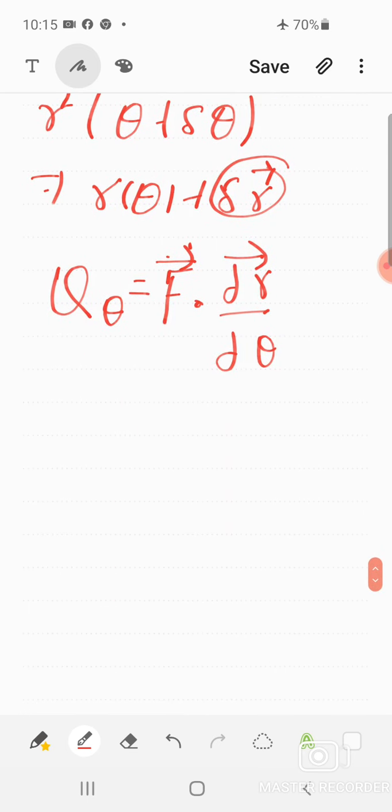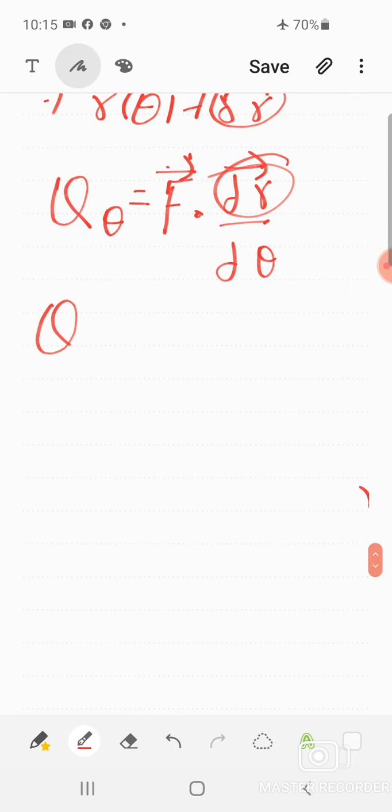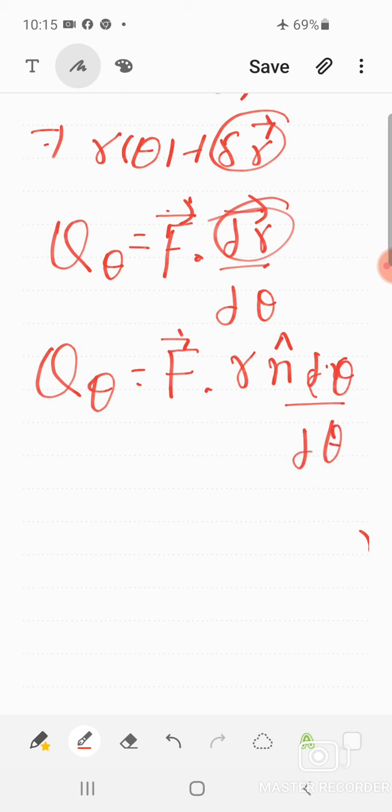So putting the value of this delta r from that relation, we will find that Q theta will be equal to F dot delta r upon delta theta, in the unit vector n, and this will simply be Q theta equal to r F dot unit vector n, that is the direction of the P dash vector.